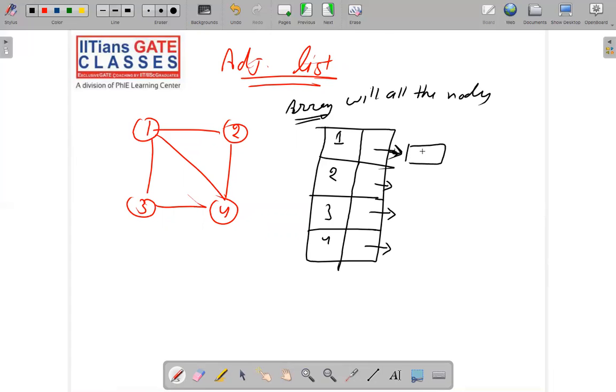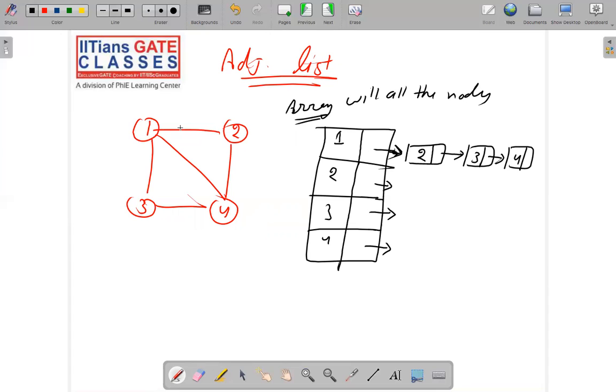So there is a node 2 here, a node 3 here, and a node 4 here. If you want to check how many edges this one has, you can check that 1 has 3 edges: 1 to 2, 1 to 3, and 1 to 4.